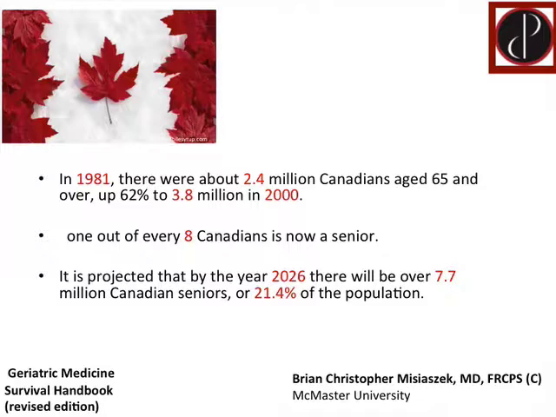In 1981, 2.4 million people were at the age of 65. In 2000, the number increased to 3.8 million people. Right now, 1 out of 8 Canadians is a senior, and in 2026, it would be 7.7 million, and we would have 21% of the population as seniors, so 1 out of 5.